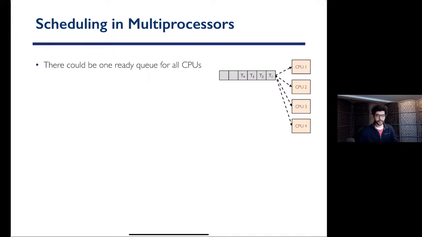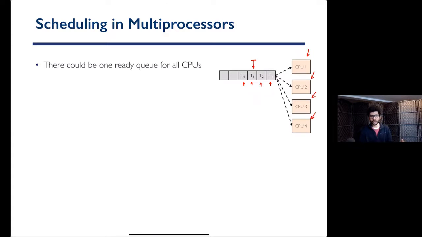So you maintain a single ready queue. On each CPU, whenever an event happens, either a system call, an exception or an interrupt, each CPU starts running the scheduler code. We have this scheduler class, and that scheduler class has a single ready queue. So all CPUs would be dequeuing threads from this single ready queue.